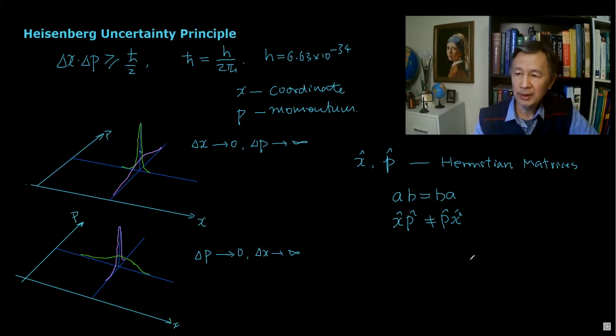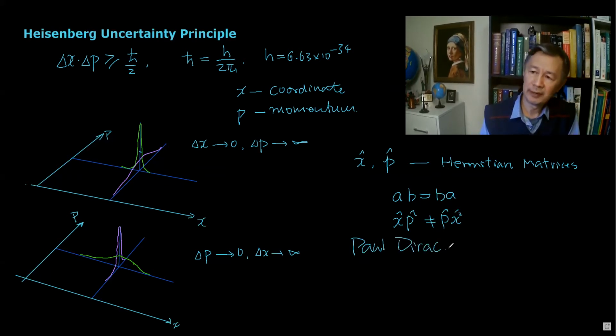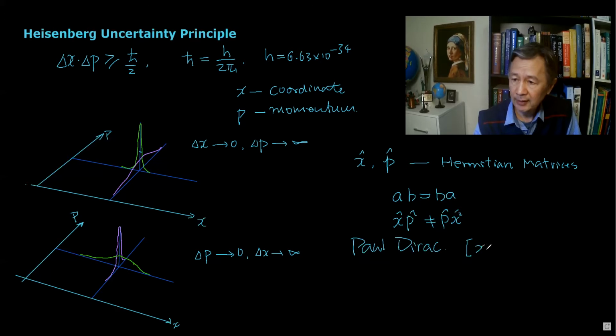So in history, Paul Dirac first discovered, or actually revealed, that the commutation relation between the coordinate and the momentum matrices must obey what we call this bracket, x and p.